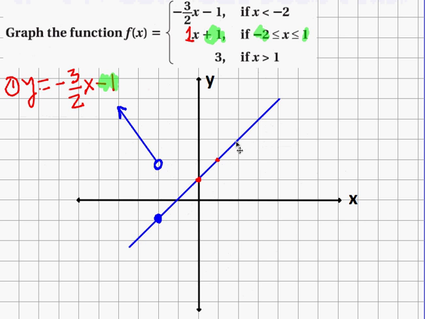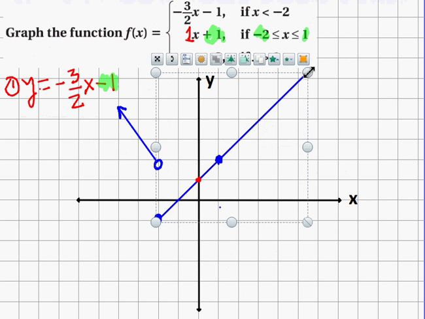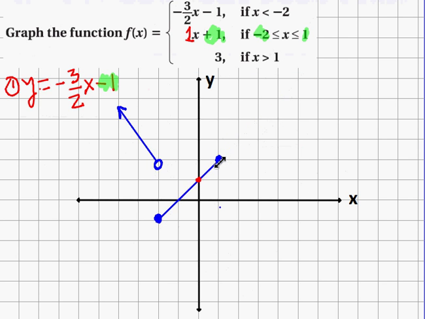So I'm going to take this line, scoot it up, and I can go as far as 1 on x-axis. So this is 1 on x-axis. So this is where my line must end. So I will take my blue line and shrink it. So this is the part of the line that's showing.